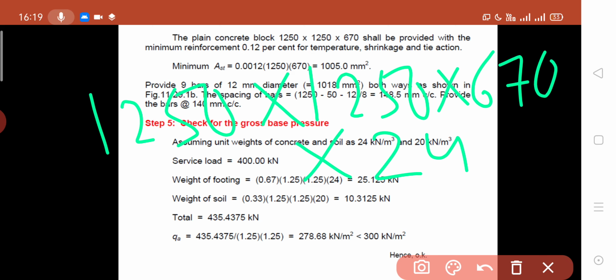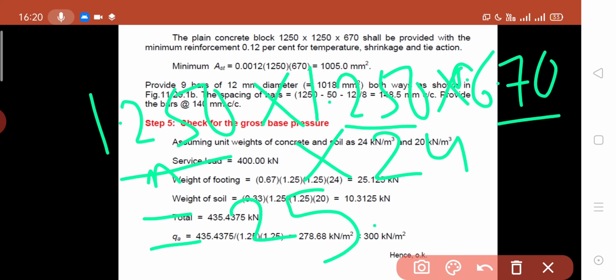These values are in mm, so we convert to meters: 1.25, 1.25 and 0.67. So we get the weight of footing, which is 25.125 kilonewton.